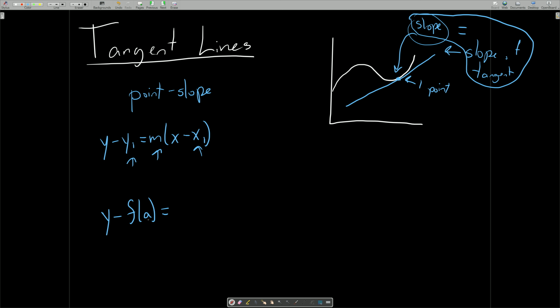F of a is your y value of the point. F prime of a is your slope, and you have x minus a, and that a is your x value. I'm using a as a placeholder, but you'll see that we replace this a with whatever value the problem gives us.